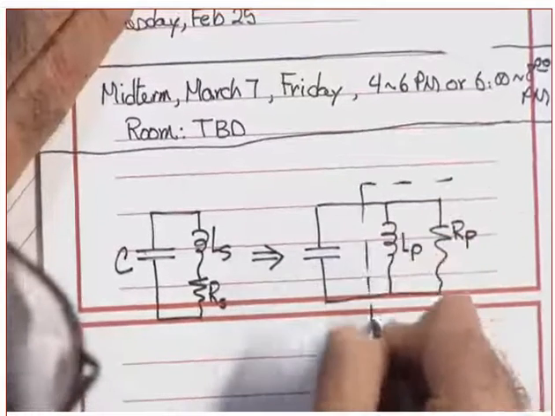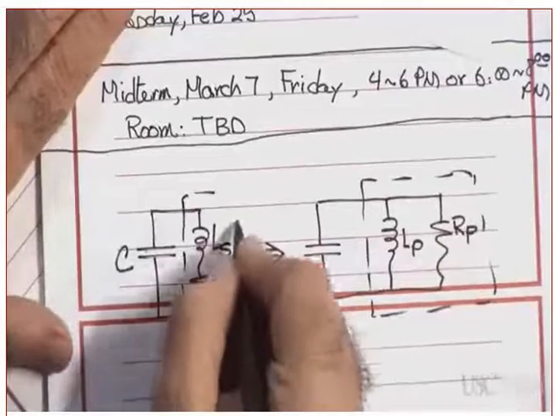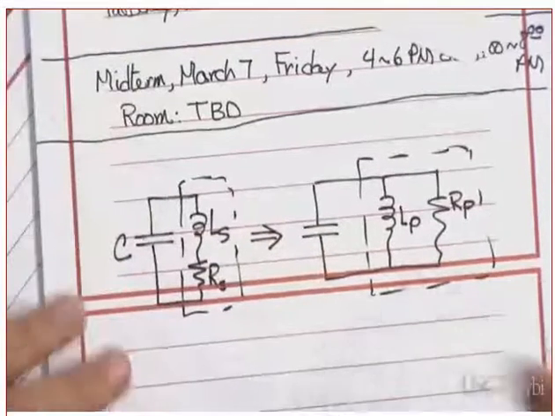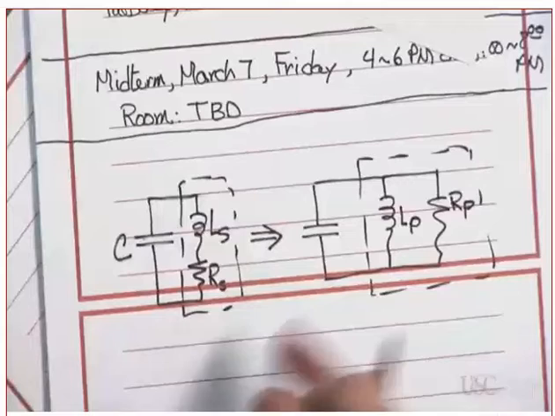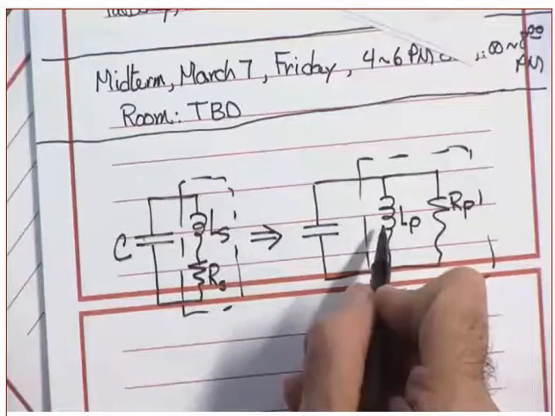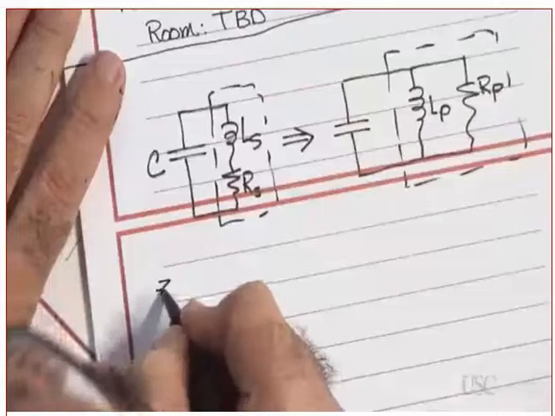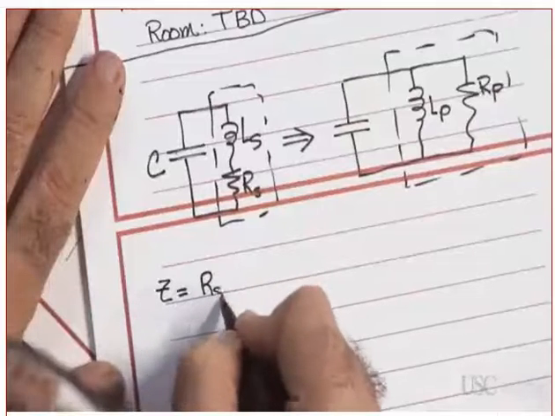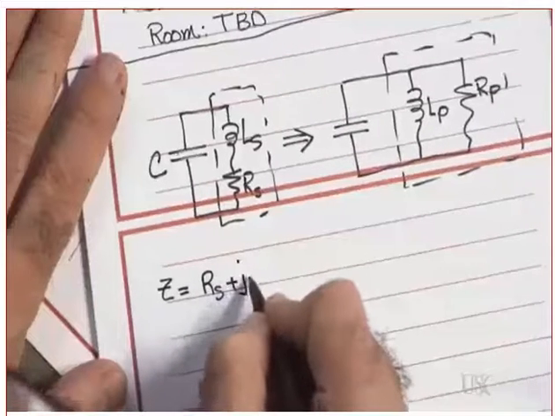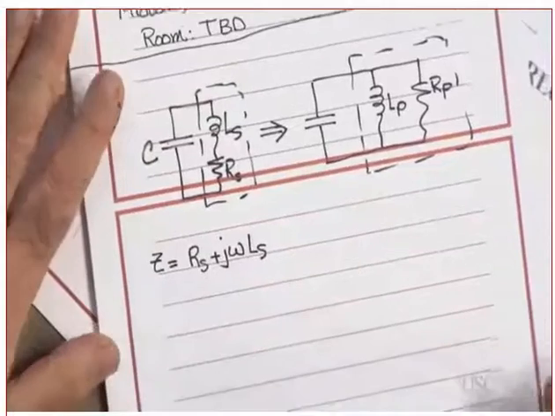So this is the same as this. Clear? What are the unknowns here? The unknowns are RP and LP. You find the impedance of this guy, Z equal to RS plus j omega LS.